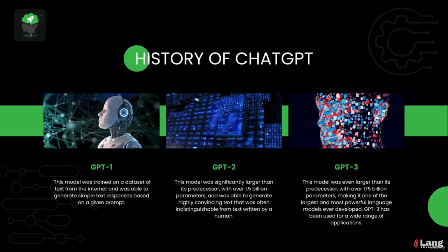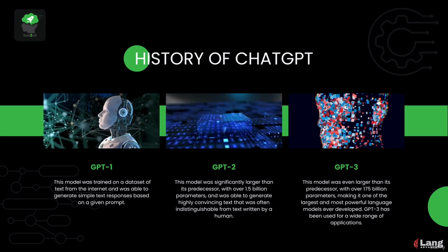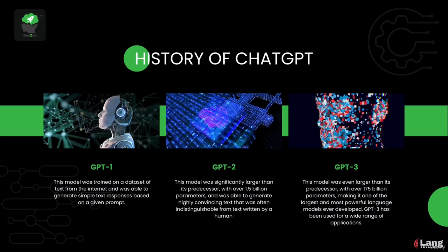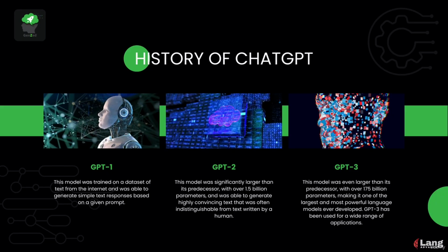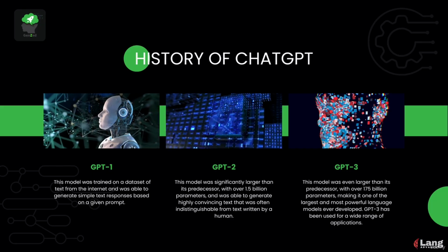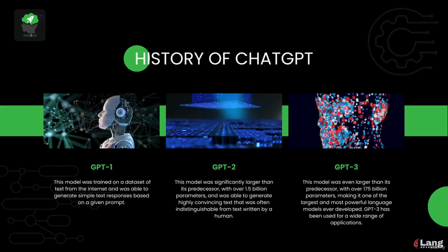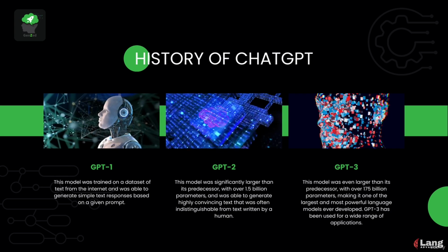Following that, OpenAI released a new version of this model known as GPT-3. This model is even larger than its predecessor, with over 1.75 billion parameters, making it one of the largest and most powerful language models ever developed.